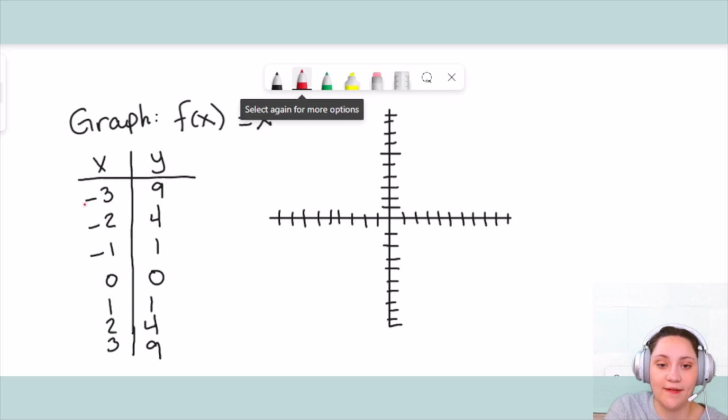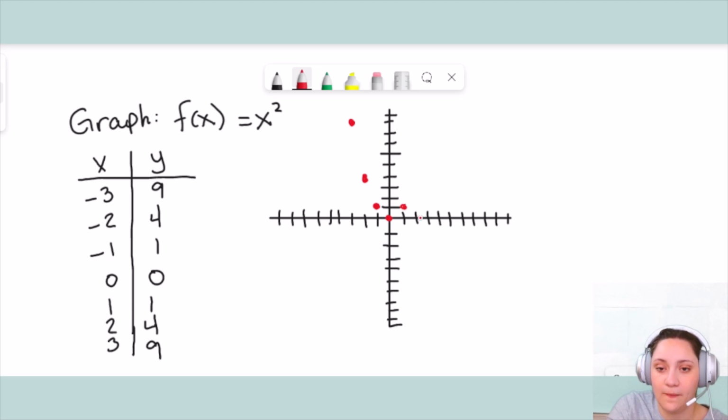All right, so I have -3 and 9. So that is about right there for that point. -2 and 4, so that's about right here. Negative 1 and positive 1, 0 and 0, 1 and 1, 2 and 4, and 3 and 9 again.